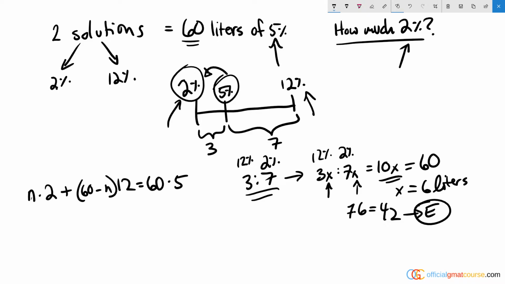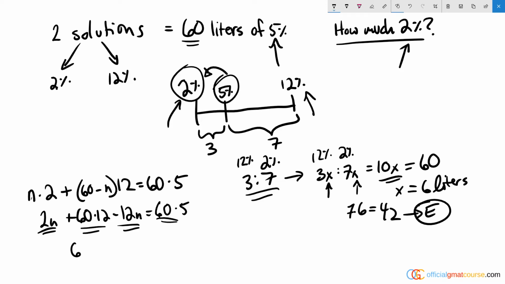So we've got 2n plus 60 times 12 minus 12n equals 60 times 5. And notice I'm not doing too much math here. I'm kind of like winging it. I'm going to move the negative 12n and the positive 2n over to the right-hand side, and I'm going to move the 60 times 5 over to the left-hand side.